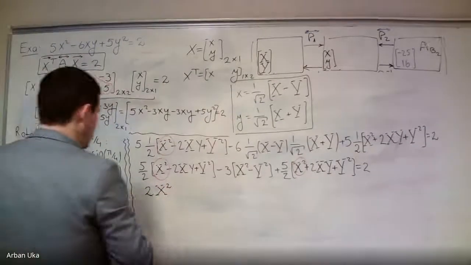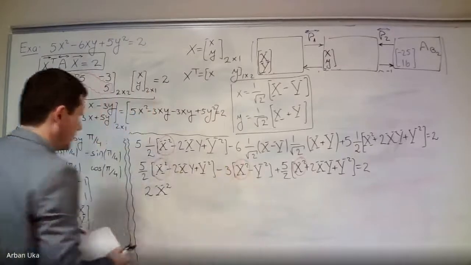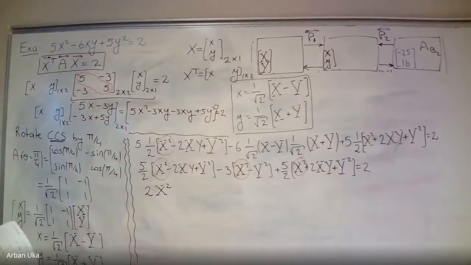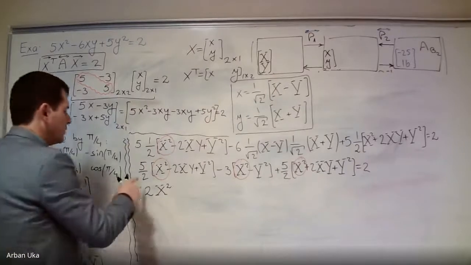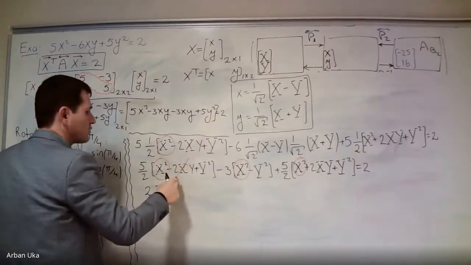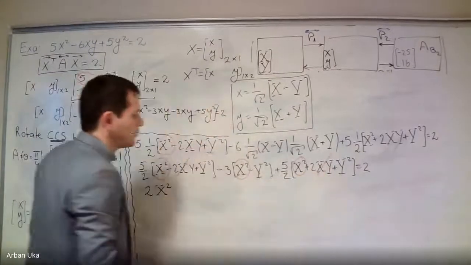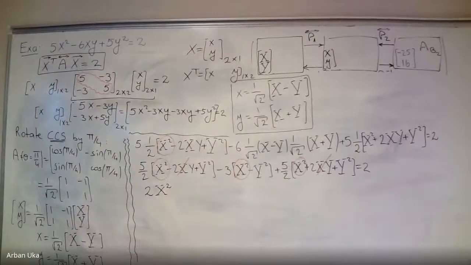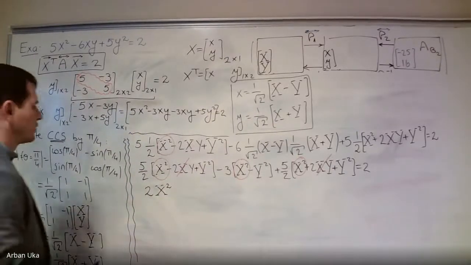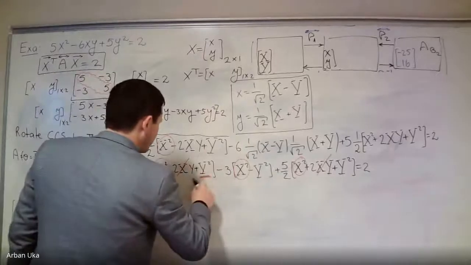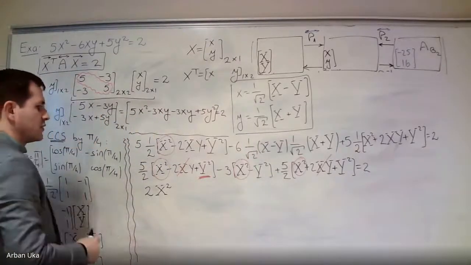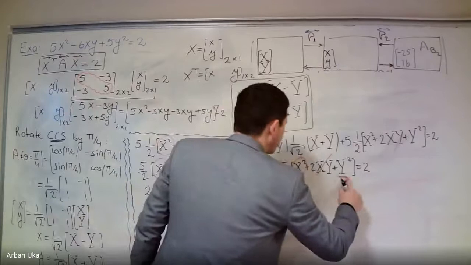And then we have minus 2xy times 5 over 2 plus 5 over 2 times 2xy, this is gone. And then we are left only with the y squared terms: y squared times 5 over 2 plus y squared times 5 over 2.